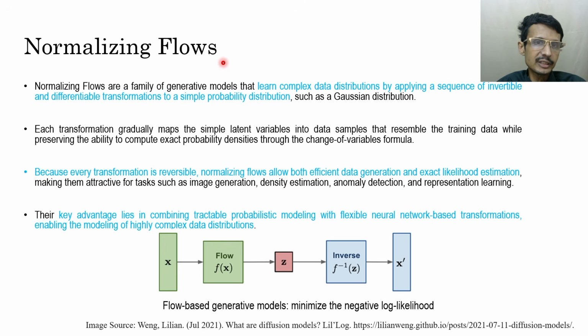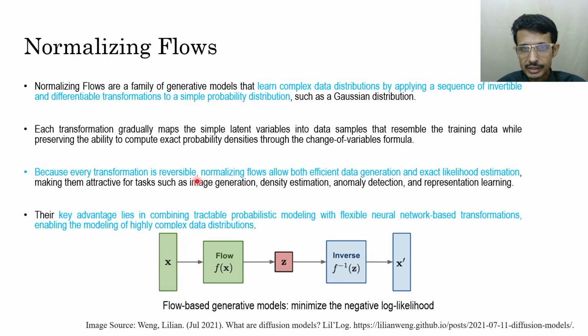Our final generative model is normalizing flows. This is a family of generative models that learns complex data distributions by applying a sequence of invertible and differentiable transformations to a simple probability distribution, such as a Gaussian distribution. Basically, it maps x to z, the latent representation, and does the inverse process with that. Each transformation gradually maps a simple latent variable into a data sample that resembles the training data, while preserving the ability to compute exact probability densities through the change of variables.